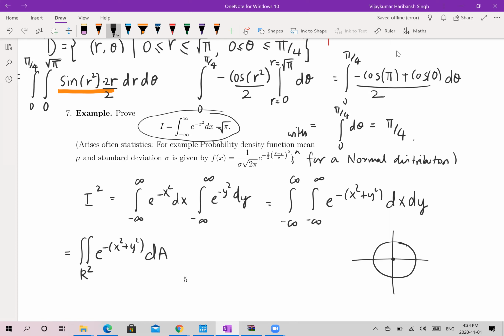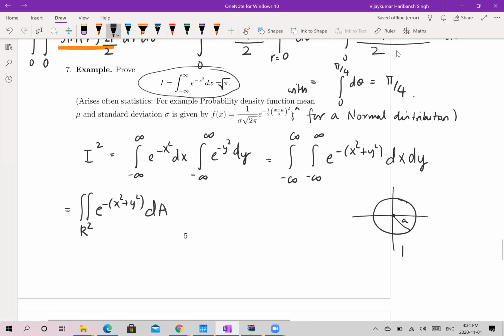Now there are many interpretations of R2. One interpretation could be that you are having a disk of radius A.